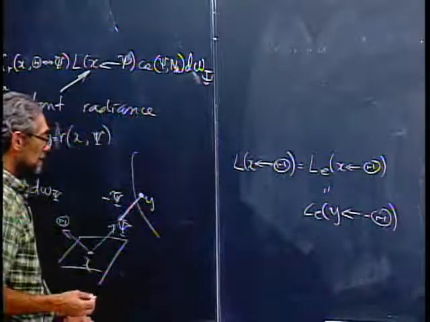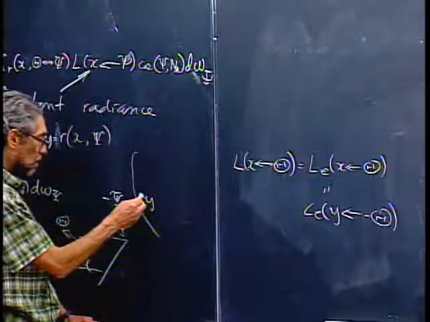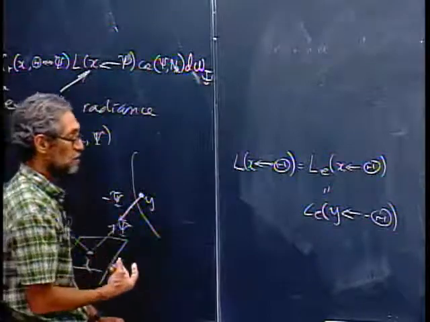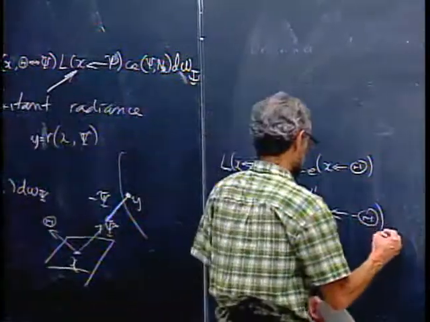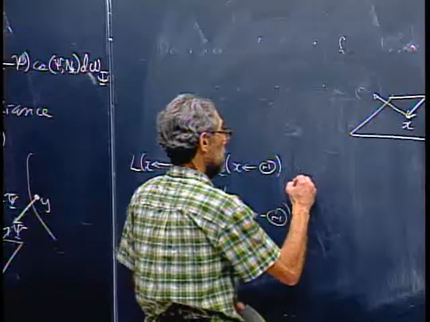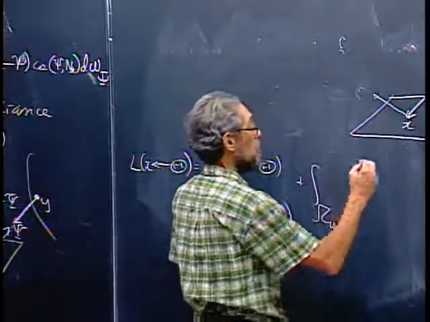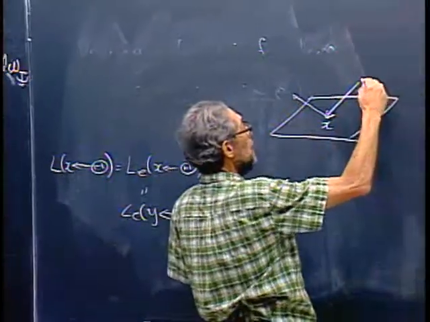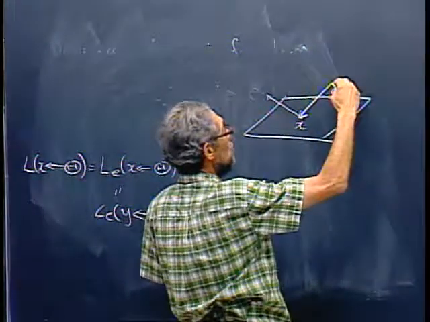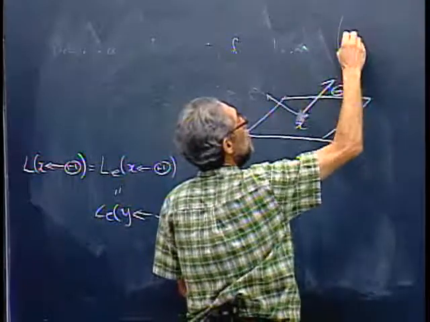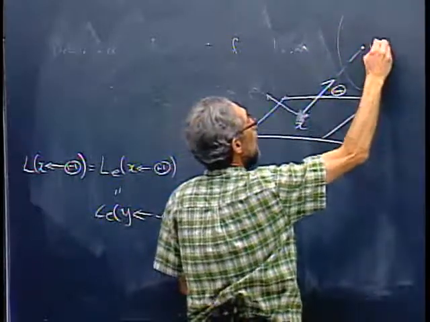And then to get the reflected radiance from y going in this direction minus theta, we're going to have to add on plus the integral over omega y, right? Because now here is theta. If we trace, I guess we have to trace the ray in the theta direction, and we're going to hit this surface here at point y.